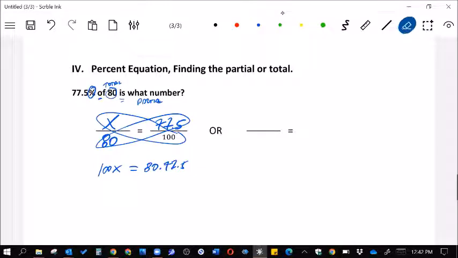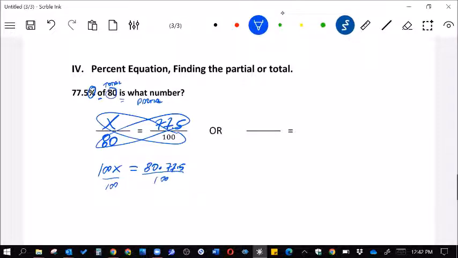There's definitely a case where the calculator would be helpful, and so you use it. 80 times 77.5. Okay. And if you multiply that, put that in the calculator, you would actually get 6,200. Oh, and then we divide by 100. Divide both sides by 100.